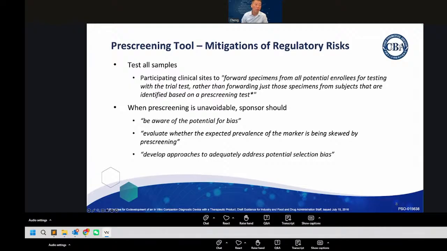And of course, in cases when the pre-screening is unavoidable, sponsors should be aware of the potential for bias, evaluate whether the expected prevalence of the biomarker is being skewed by the pre-screening procedure, and develop appropriate approaches to adequately address potential selection biases.